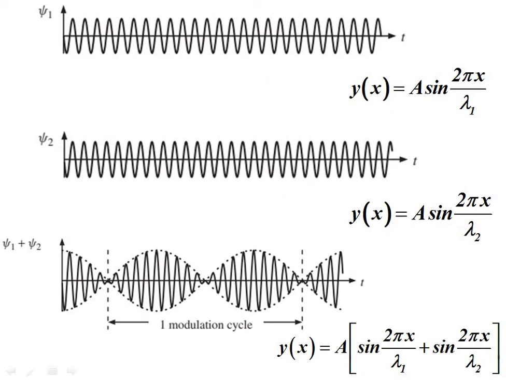Okay, so far what we have done, we have two waves, one like this and one like this. Their wavelengths are slightly different. Again you can see this is a snapshot of a wave, so no time variation is shown both in the equation and in the figure. Both are still. So when you combine them, you get a resultant wave, a still wave, as a snapshot photograph will show.